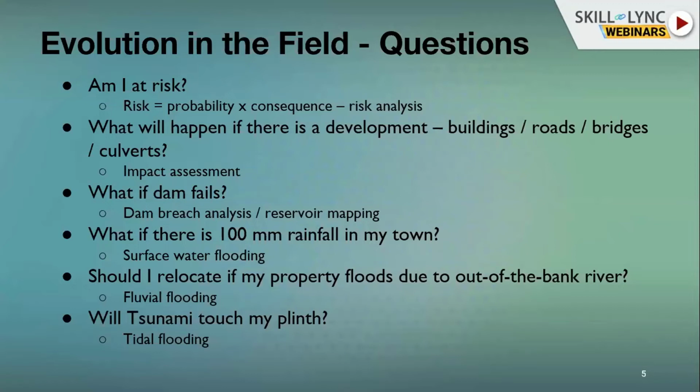And should I relocate my property if the river is out of its bank? That is fluvial flooding. So we apply inflows to our rivers, and that is fluvial flooding. And tidal flooding is also self-explanatory: will a tsunami touch my place, if there is any case. So this is how this field evolved, and that is how we answer questions by building models.